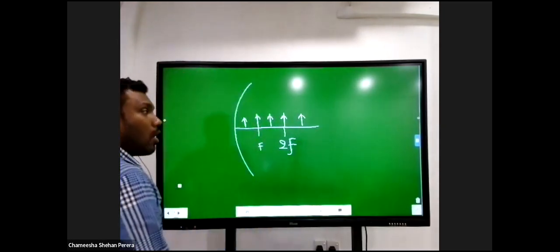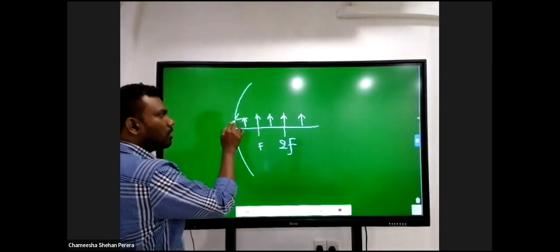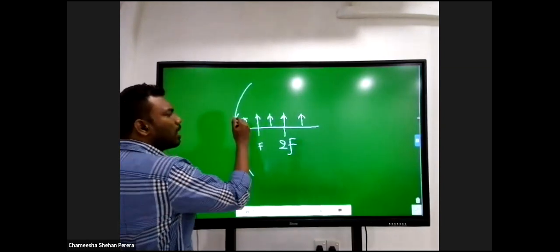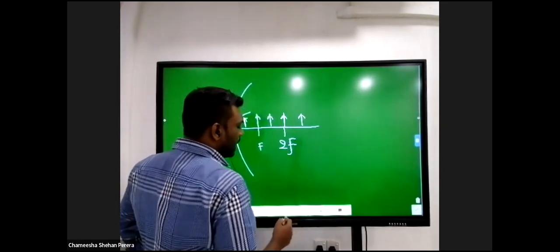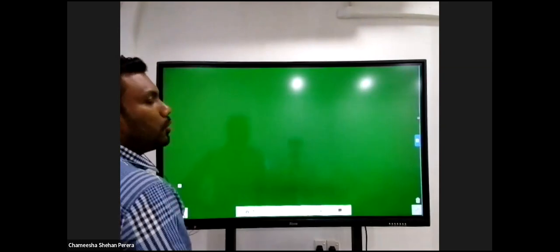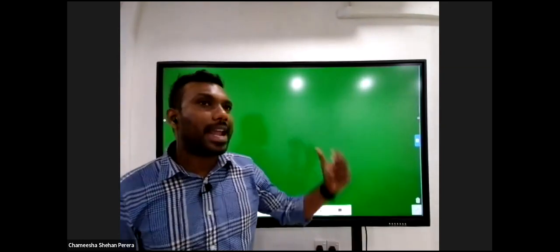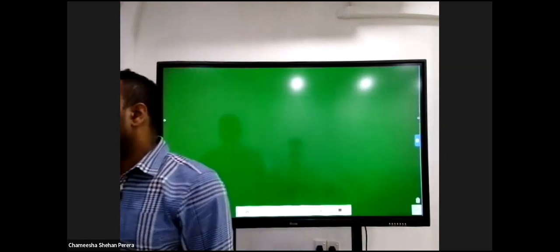And then we observed what would happen to the light rays coming from the object to the mirrors, and how they would get reflected and the images be formed. So the same thing is done here as well. Before doing that, we need to know how the light rays behave when they're traveling through convex lenses.